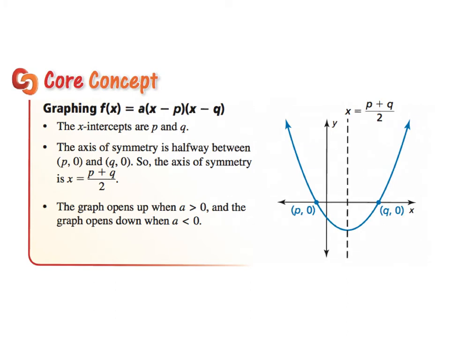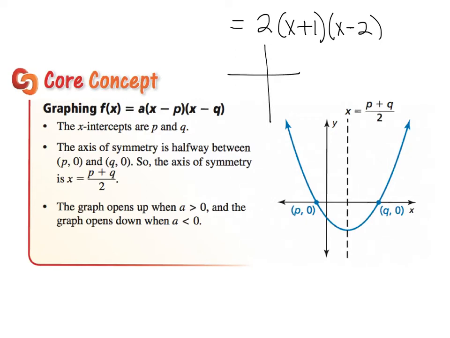So here's what it states. Before I go over this, let me tell you what we're doing. If I gave you something like 2 times (x plus 1) times (x minus 2), all this is stating is that when you graph this, the 1 and the negative 2, if you solve x plus 1 equals 0 and x minus 2 equals 0, you get x equals negative 1 and 2.